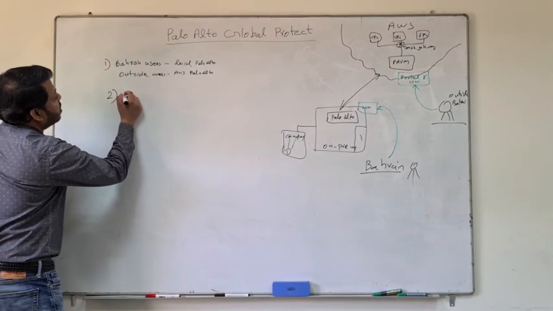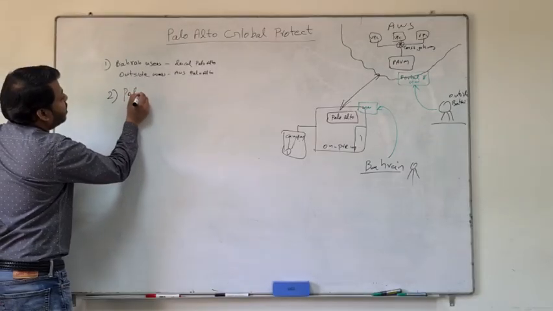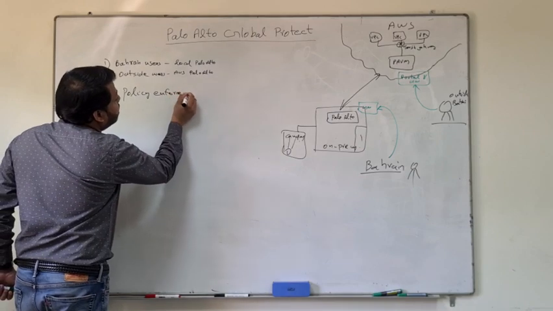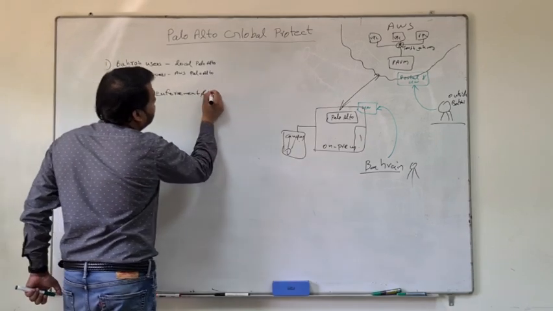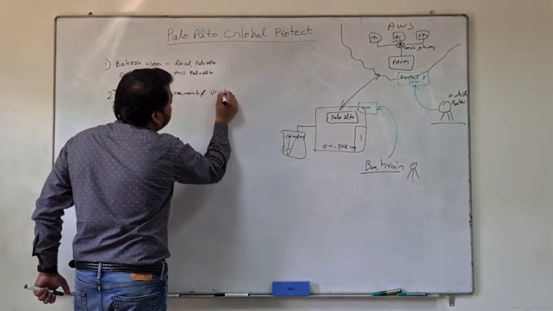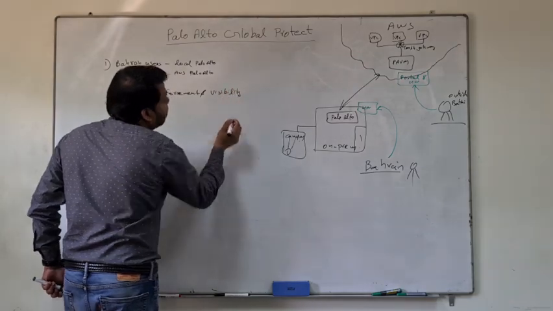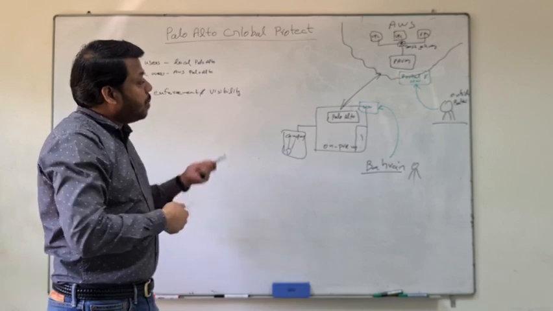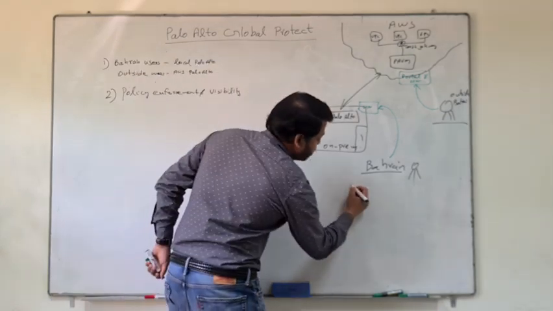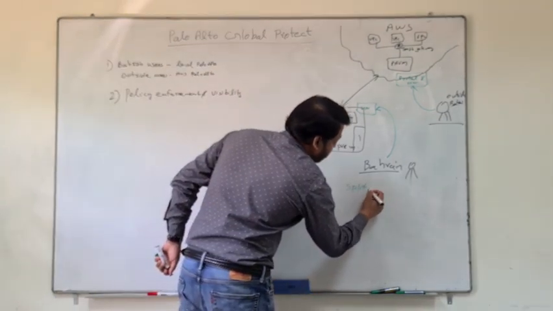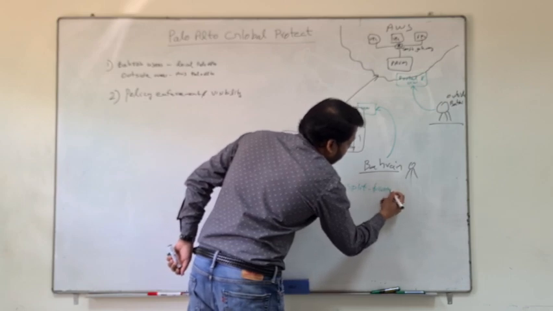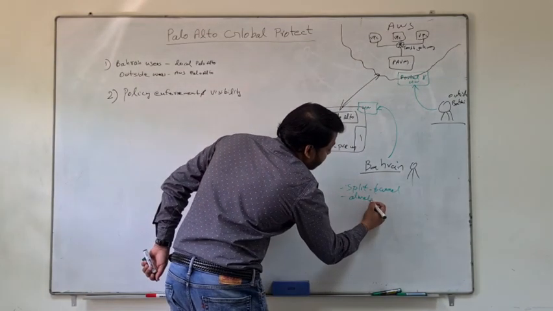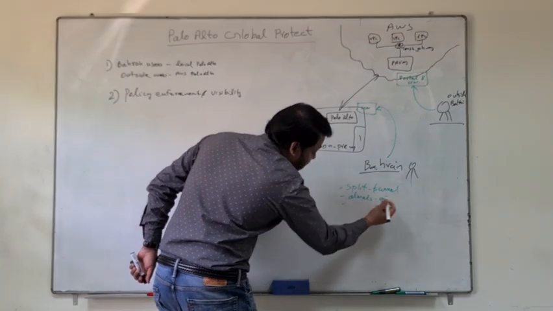The second requirement was policy enforcement and visibility. So what we did here, we used the GlobalProtect features: split tunnel, always on, and enforced mode.